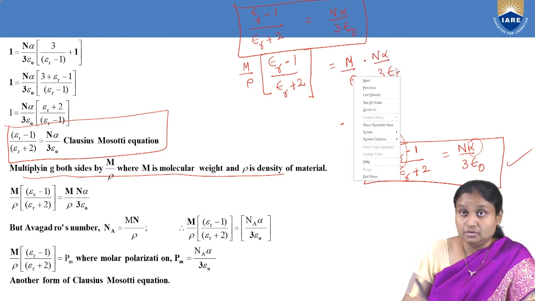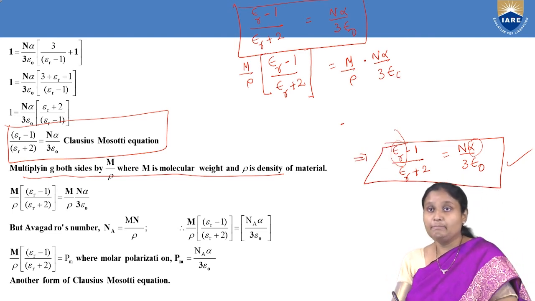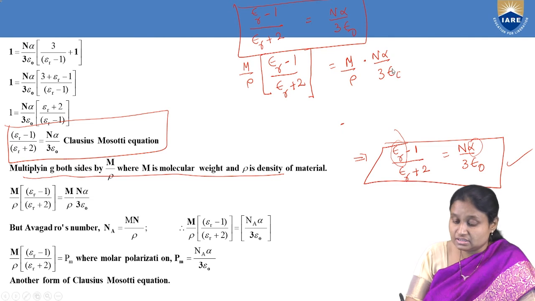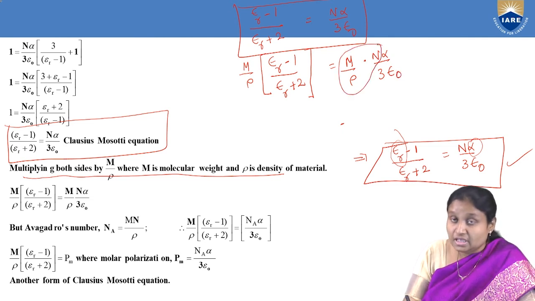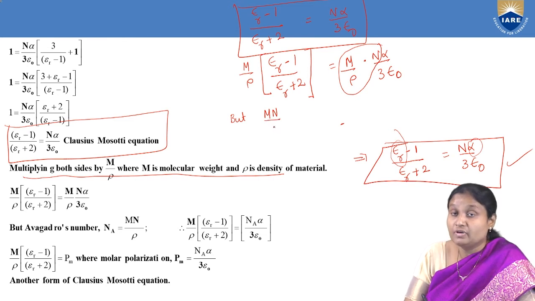But what we are going to observe here is this expression m n by rho. What is this m n by rho? M is molecular weight, N is the number of atoms or molecules per unit volume, and rho is density, and this particular value is nothing but Na.